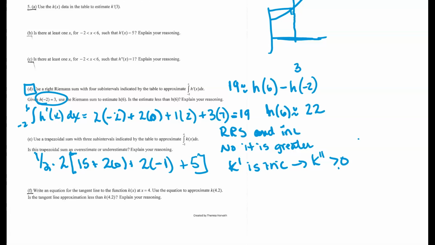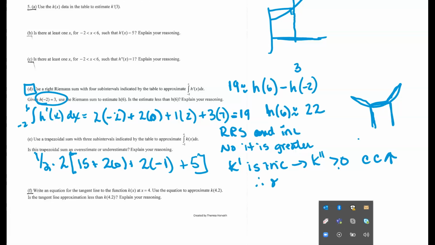Okay, so we are concave up. Let's look at concave up and how that relates to a trapezoid. If I put 3 in here, then those sides of the trapezoid lie above the curve, so we have an overestimate. So therefore, overestimate.